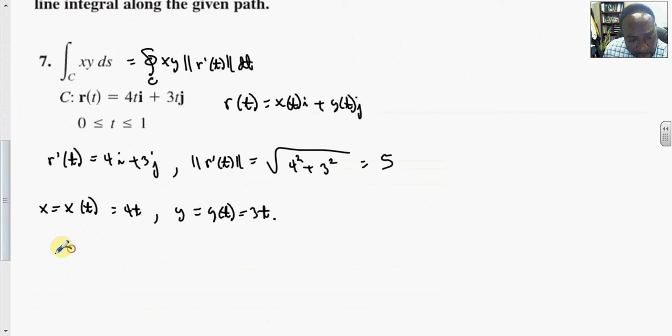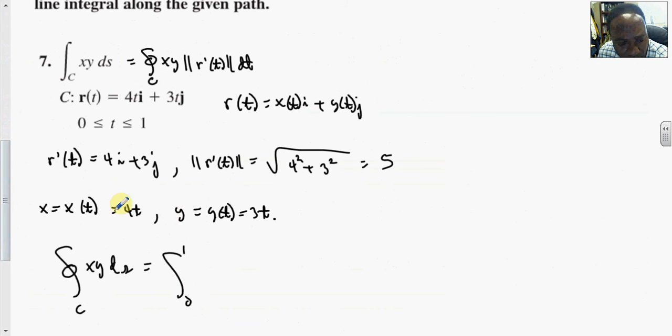So this integral up above is this line integral over the curve of xy ds. This is the integral from 0 to 1, where x is 4t, y, this is x times y is 3t, and then times here ds. ds is the norm of r prime dt.